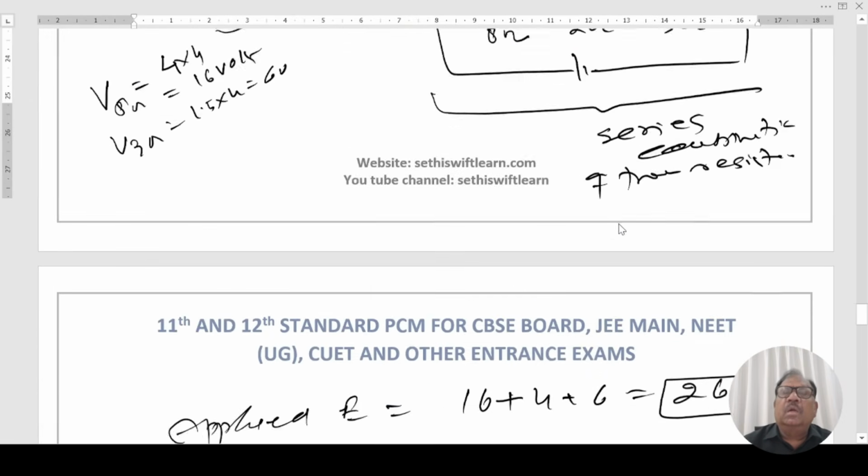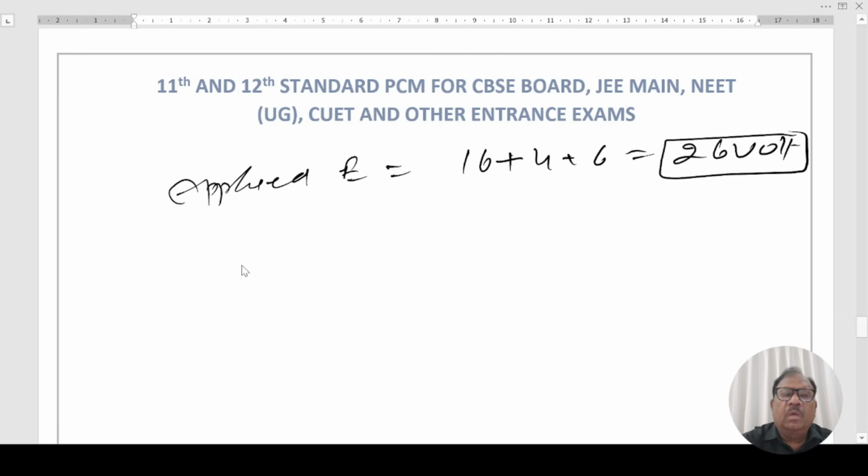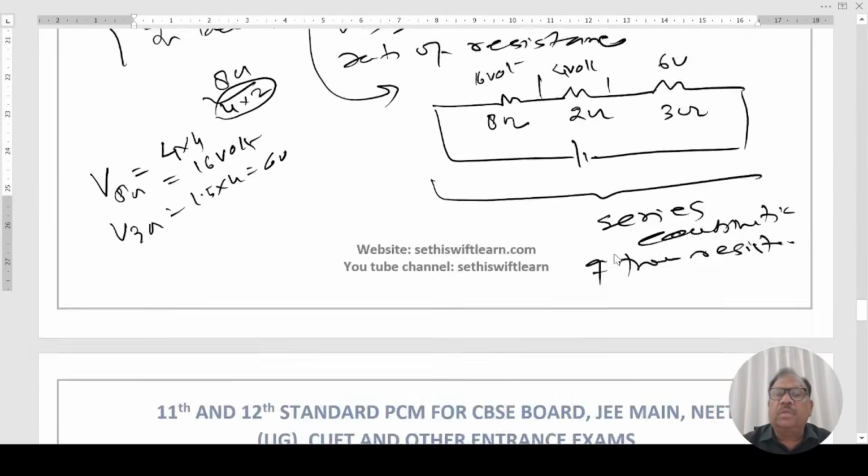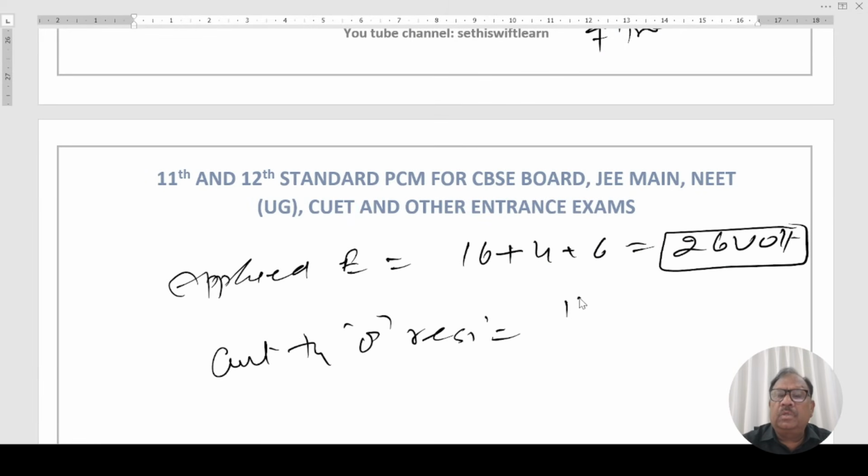Then current through the 8 ohm resistance, according to Ohm's law, I equal to V by R, 16 divided by 8, that is 2 ampere.